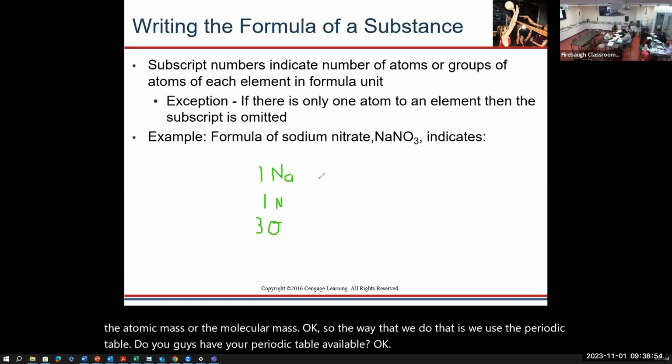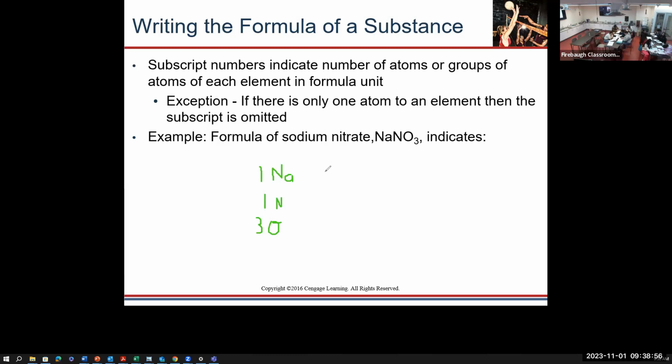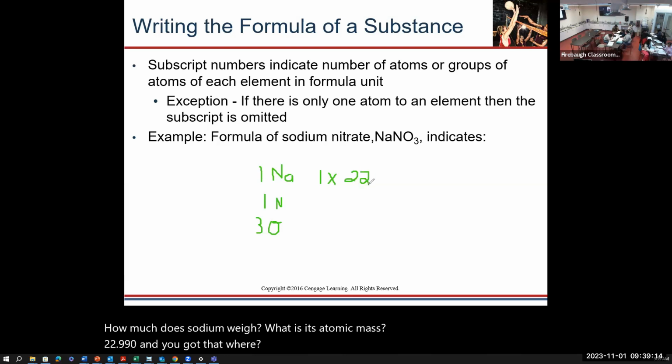So we have 1 sodium. How much does sodium weigh? What is its atomic mass? 22.990. And you got that where? At the bottom of the square.